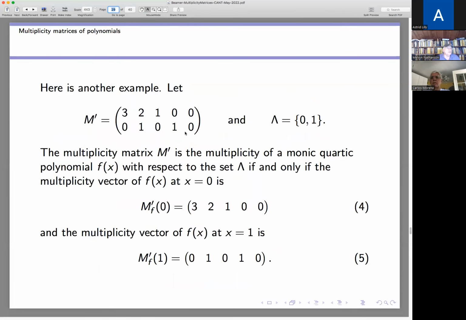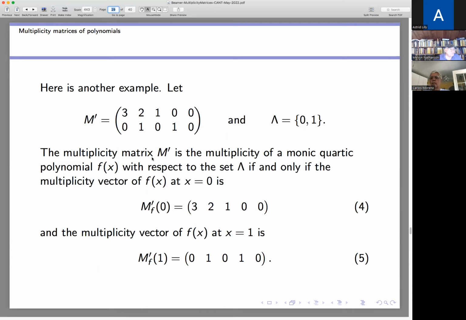That's nice. Let's see, here's another example. So this is a 2x5 matrix. This would have to be the multiplicity matrix of a quartic polynomial at 0, 1.